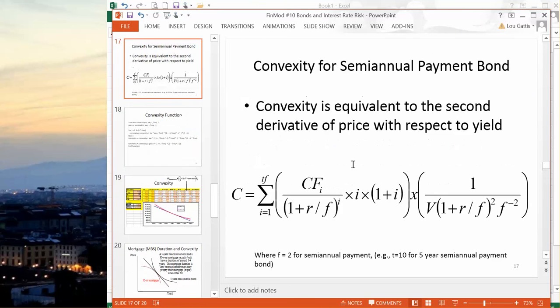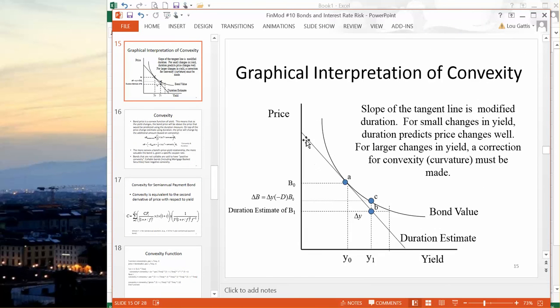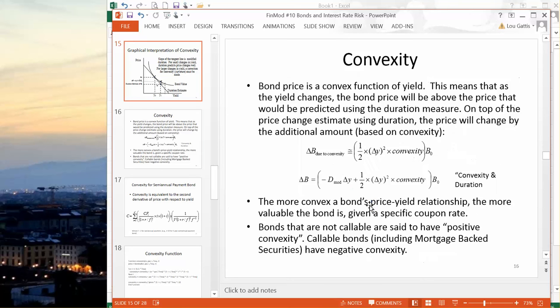So we'll go back to this picture here for a minute. So what we did is we estimated the change in value due to duration using the slope, estimated the convexity of a bond, then we calculated these distances, these differences between the actual bond value and the duration estimate, and this little distance here would be the convexity adjustment.